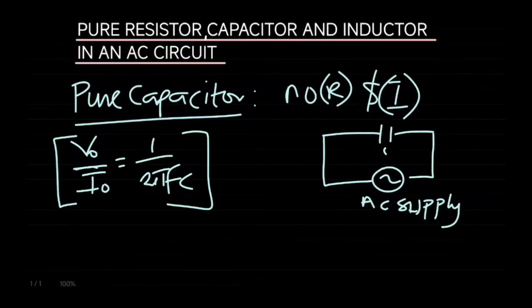Now, in the capacitor, we have something known as capacitive reactance. It is the opposition to the flow of AC current offered by the capacitor.